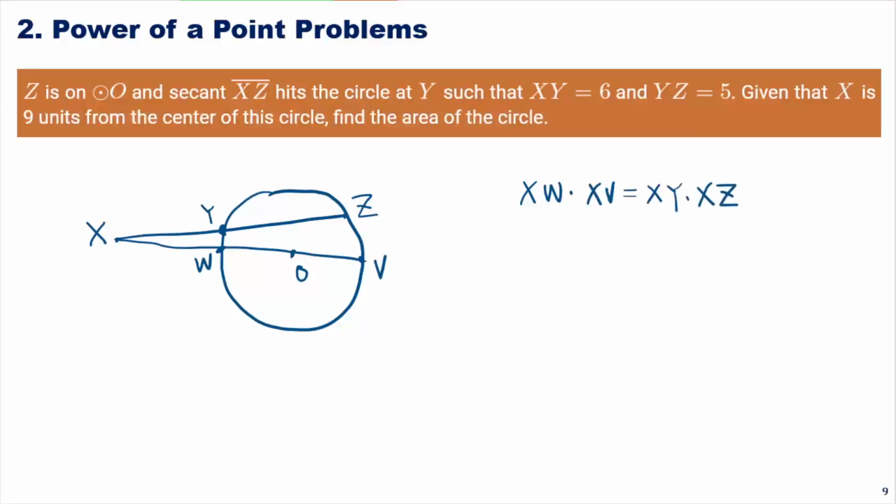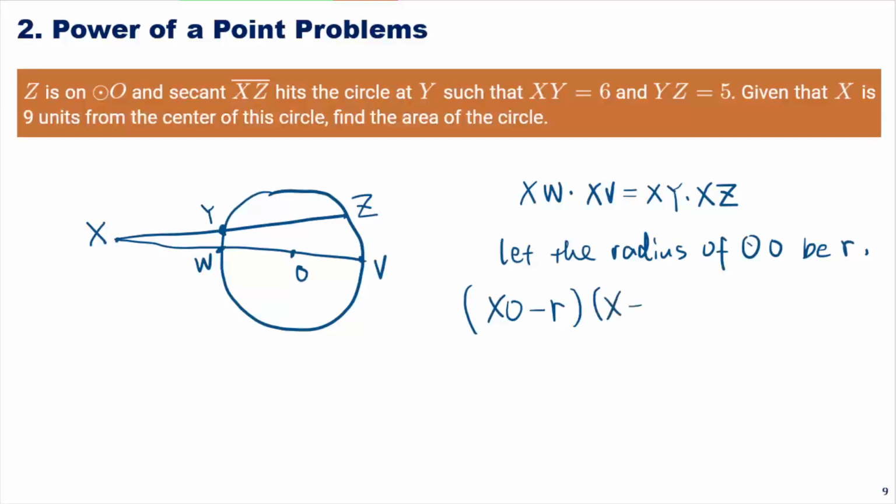If you let the radius of the circle be R, substitution gives us (XO minus R) times (XO plus R) equals 6 times (6 plus 5), right?